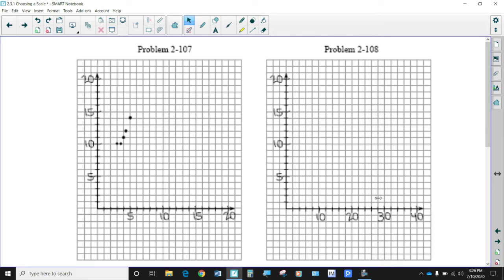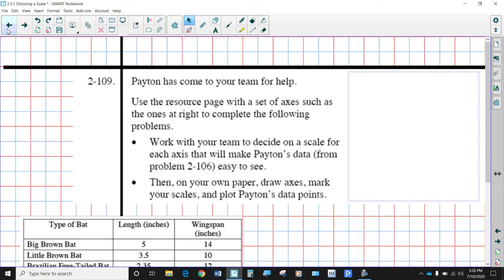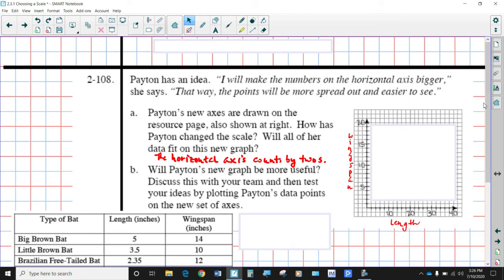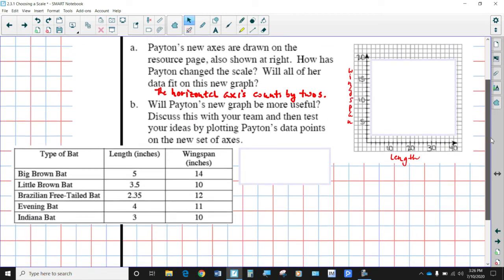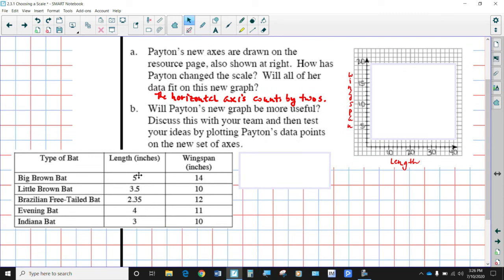Whereas if you're creating them on your own in your journal, then you are going to have to create a new graph. Please do not put it over the one that you've already created. Okay, so after you've done that, once again, go and plot these points. Unpause when you're ready to see how I plotted those.